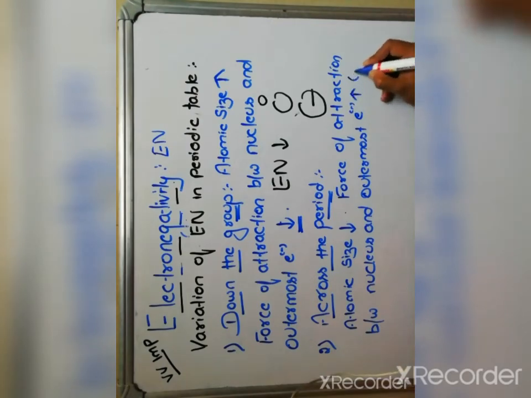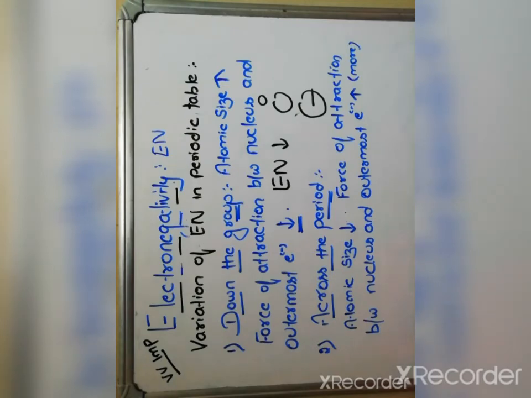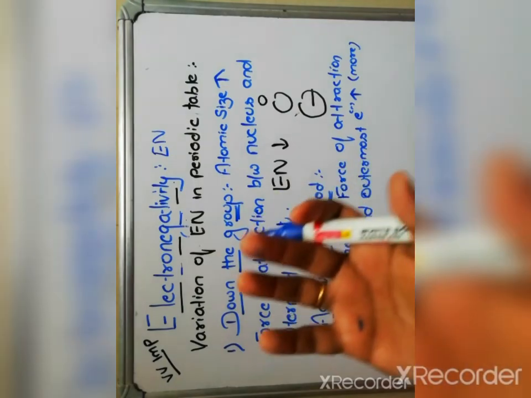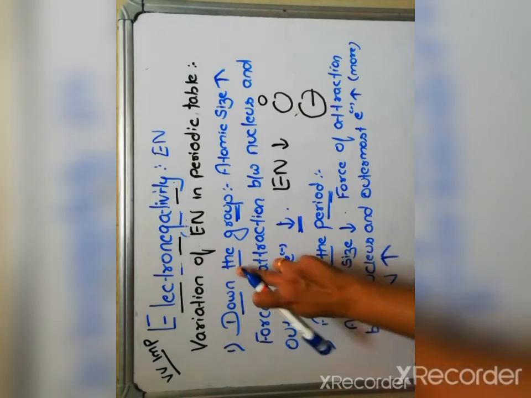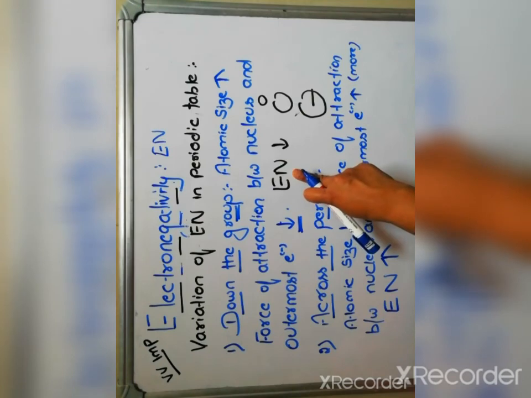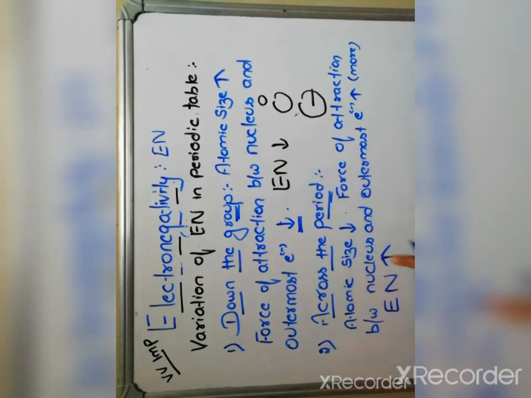When the force of attraction is more, it has the tendency to attract the electron towards itself. For that reason the electronegativity increases. So remember this: down the group electronegativity decreases, across the period electronegativity increases.